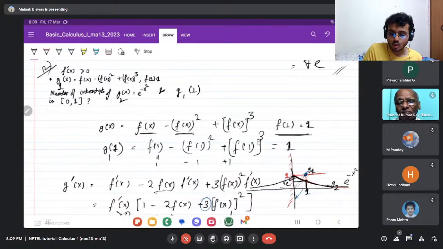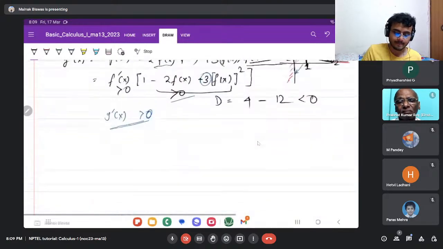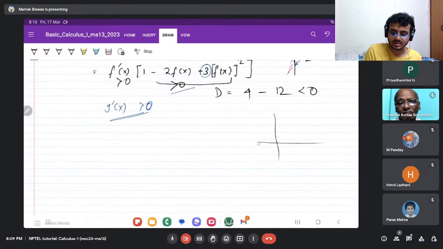Wherever you go to decrease, you always have to cut the curve. This is your g1 of x, decreasing like this.